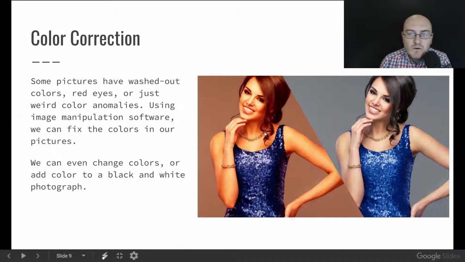It's a bit too warm. The colors are a little bit burned in here on her face. It wasn't really showing a lot of definition. But over here, when we apply some color correction, the picture is much sharper. It's much better looking. It stands out more. And it's a better color profile for this image. We can even take a black and white photo and add color to that photo. We can colorize a black and white photo, which is what we're going to do this week.